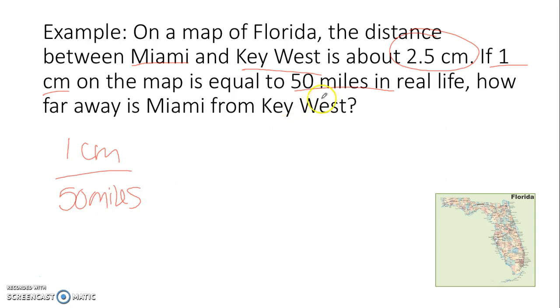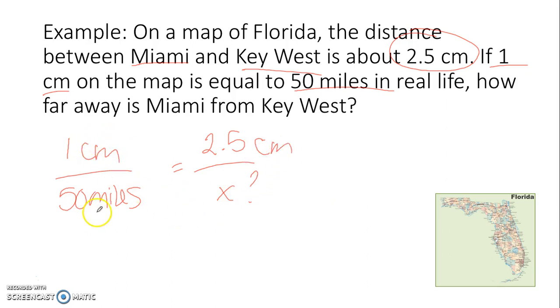And we know that it's proportionate. We want to know, if the distance between the two cities is 2.5 centimeters, how far would it be in real life? Remember the labels need to be on the same level: centimeters, miles, and x miles. We don't know x.